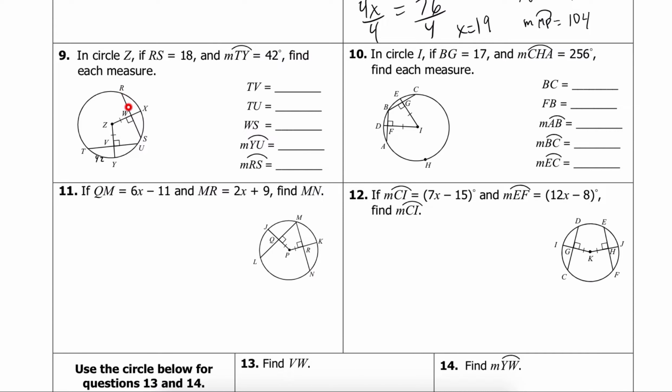Okay, so if we're finding TV to start with. If RS is 18 and it's equidistant from the center, then TU is also 18, which means TV has to be 9. We just said TU was 18. Okay, WS. RS is 18, so WS has to be half of that.